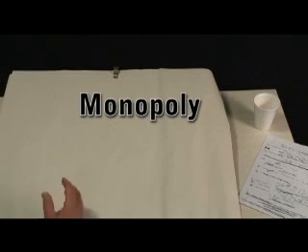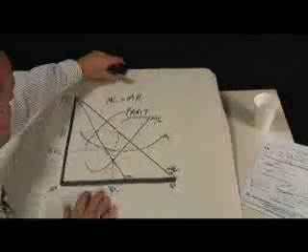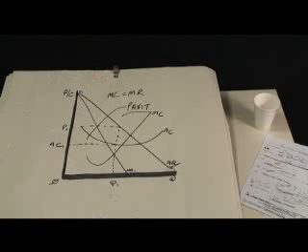Okay, now we come to the diagram for monopoly. I think we'd just be like Blue Peter and say, here's one we made earlier. It's the diagram of the theory of the firm. All that's different in monopoly is that the firm is the market.